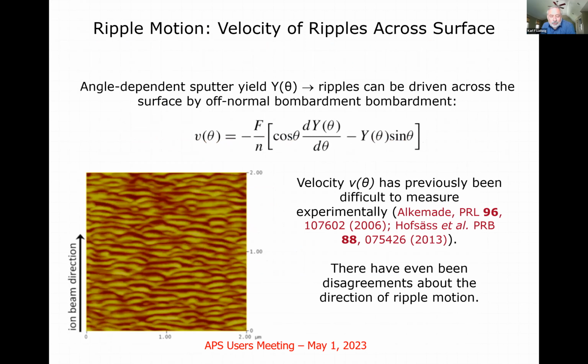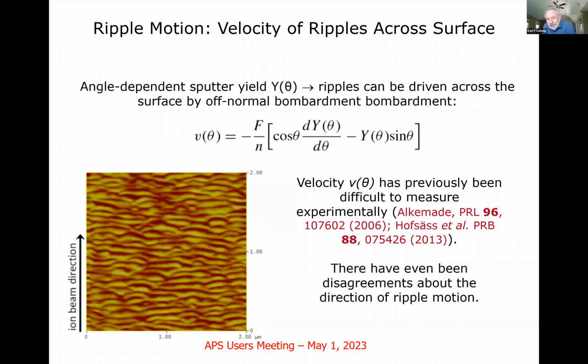One of the things we'd like to know is what is the velocity of motion of structures across the surface. So when you use this broad ion beam bombardment of a surface to form ripples, not only does it spontaneously form ripples, but those ripples can then move across the surface. What I've written here is a simple prediction of how fast they should move across the surface based upon variations in the sputter yield Y as a function of the ion bombardment angle theta.